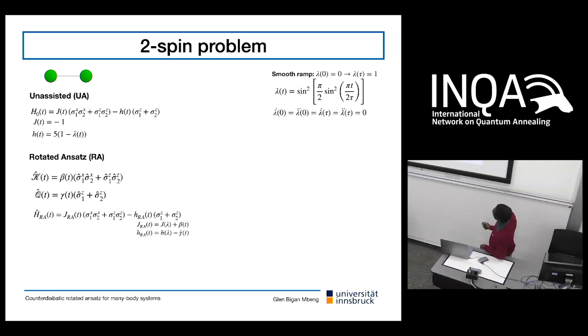Again, we have to choose the terms which will not generate terms which are not in the Hamiltonian, and that's what we do. We choose the terms that are in the Hamiltonian, and this leads to the rotated Hamiltonian, which has the same formal expression as the original Hamiltonian, just with different coefficients, which means we are changing the schedule.